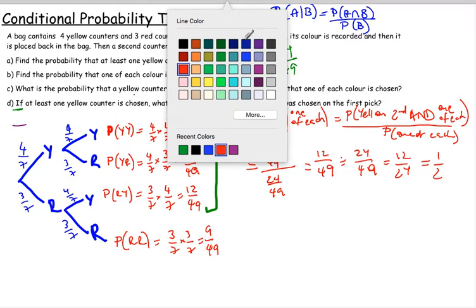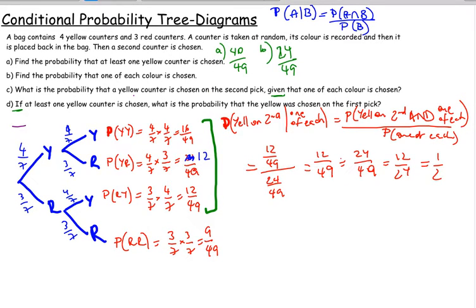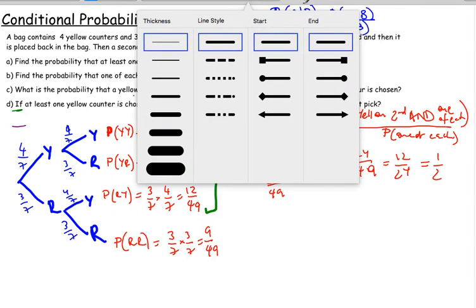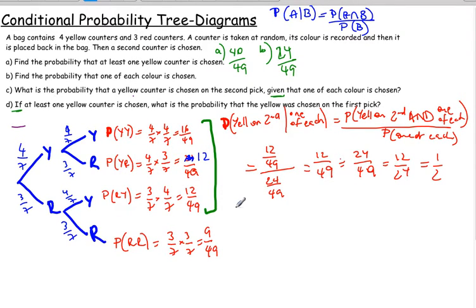I'm just going to change color. And here we go. So part D, if at least one yellow counter is chosen, what is the probability that yellow was chosen on the first pick? So we want the probability of yellow on first, given that at least one yellow.